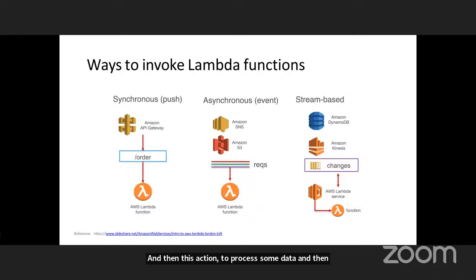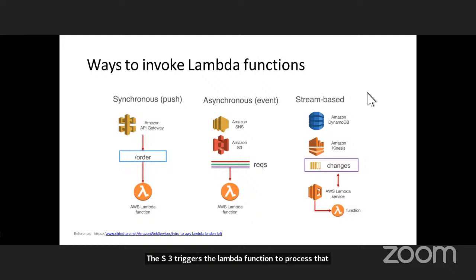Another way is asynchronous. It triggers the function based on certain events, like data changes or file uploads. For example, a Lambda function can process files uploaded to S3. Whenever a new file is uploaded, S3 triggers the Lambda function to process that file.